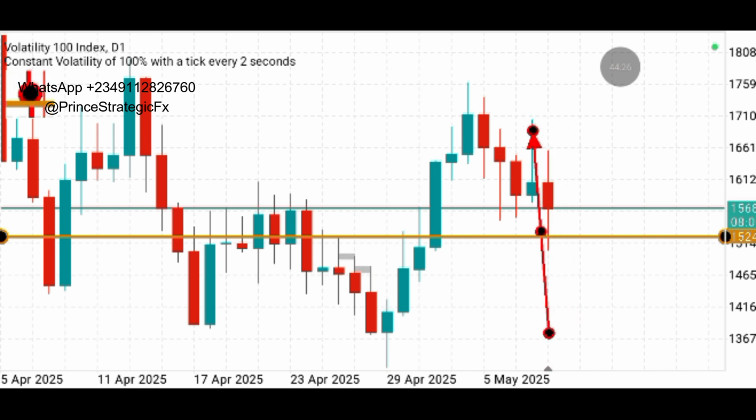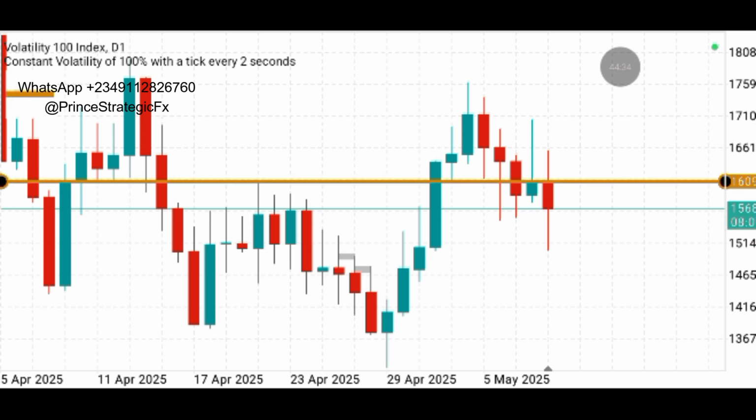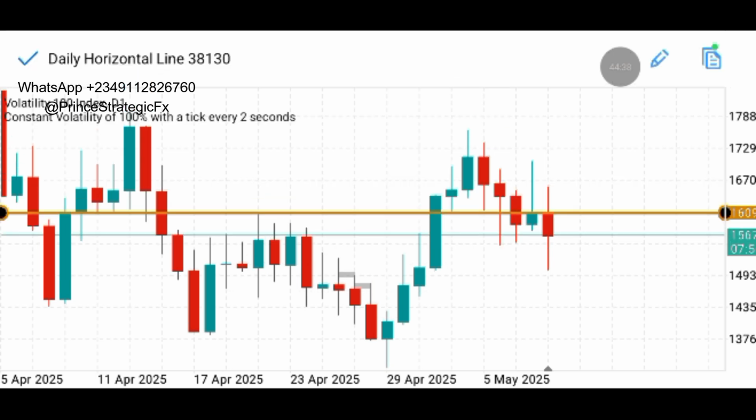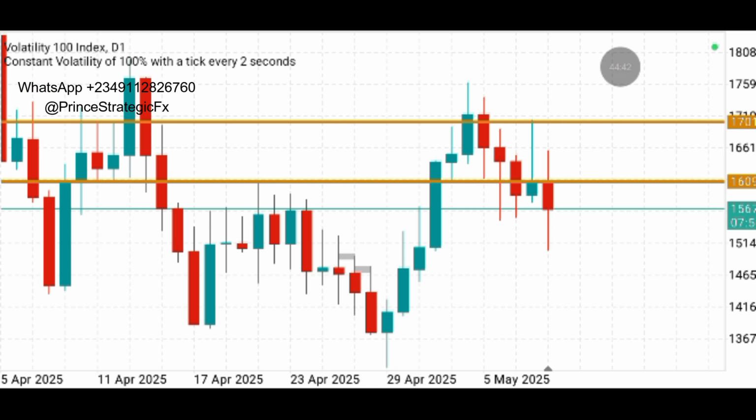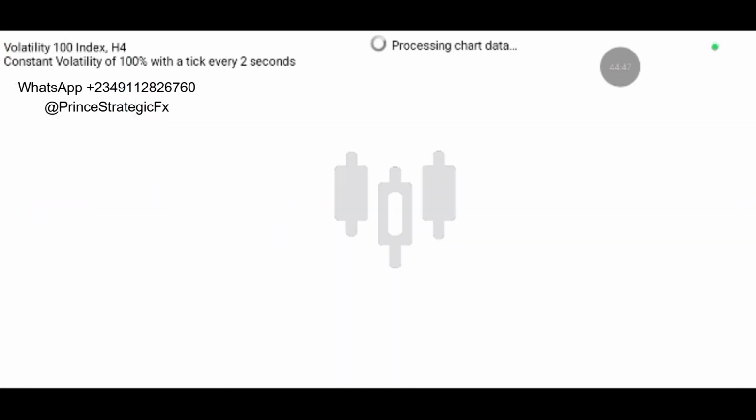So we have two things to cover here on the previous daily candle. This here is the close, and I can see a wick. So we'll just take the tip of the wick and we head over to H4, squeeze in our chart as usual.